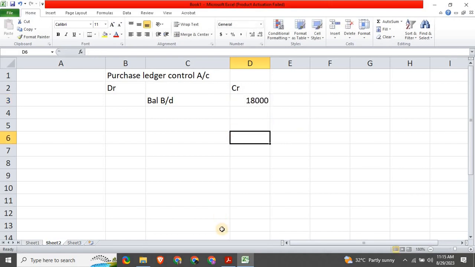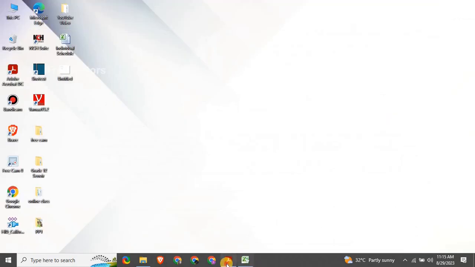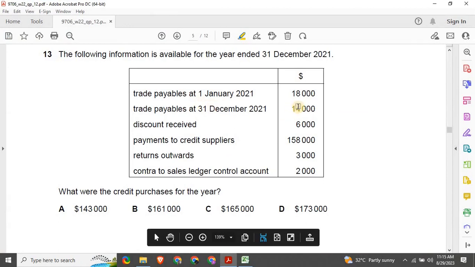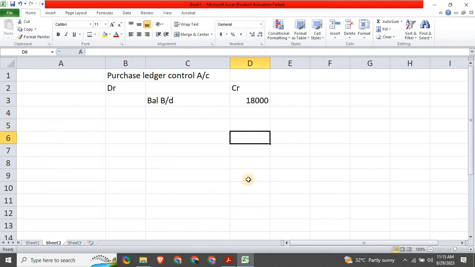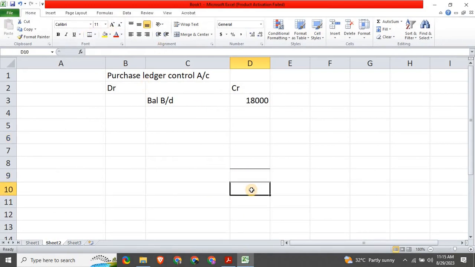Then it says there's a balance at the end of the year, which is 14,000. Again, there is another balance BD after the total. So let's say the total is somewhere out here. After the total, there is a balance BD of 14,000.